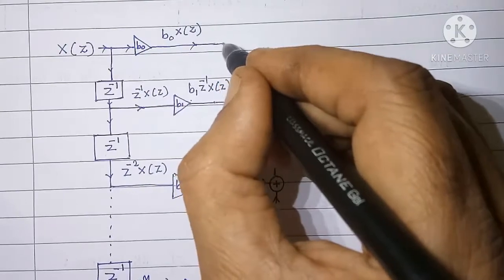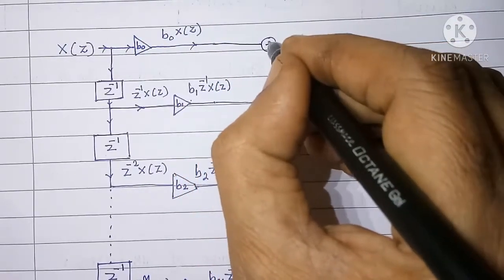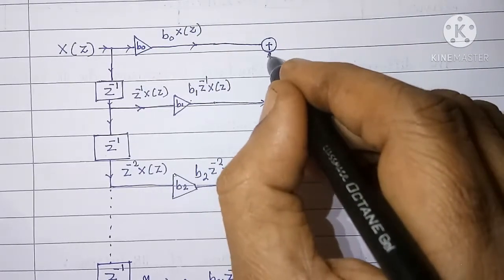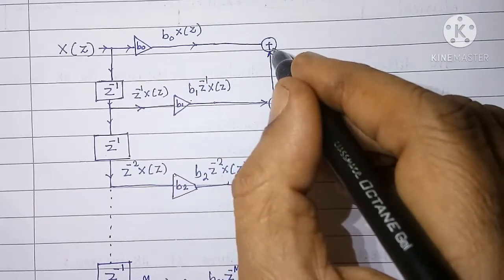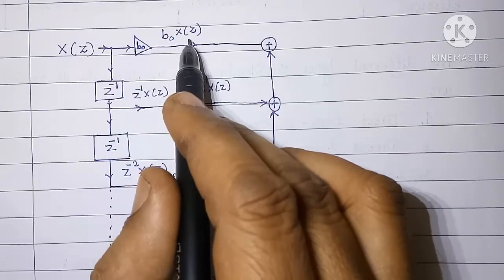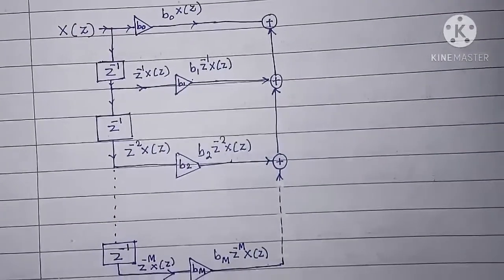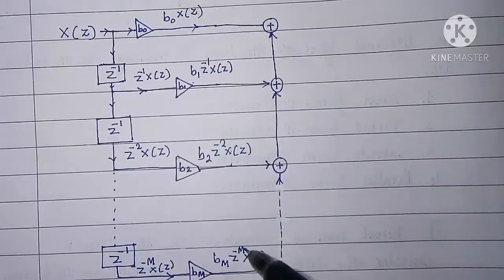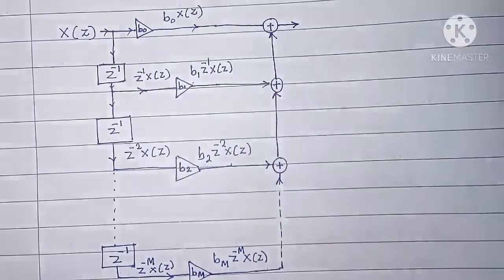Finally, the output of this adder I will give to the summer, to which another input is b naught x of z. That means I have added these various outputs and my output will be now here.